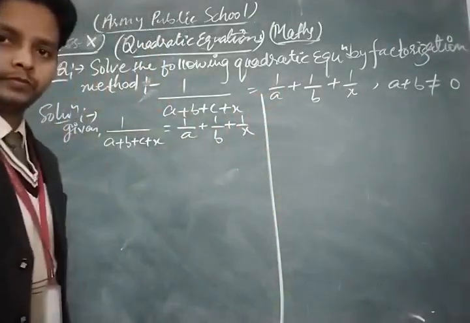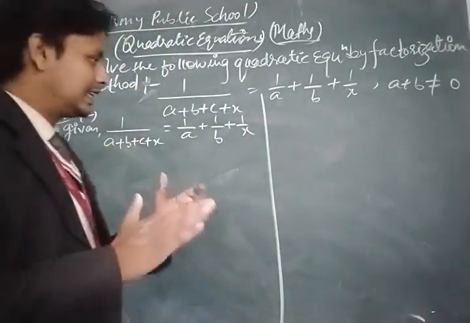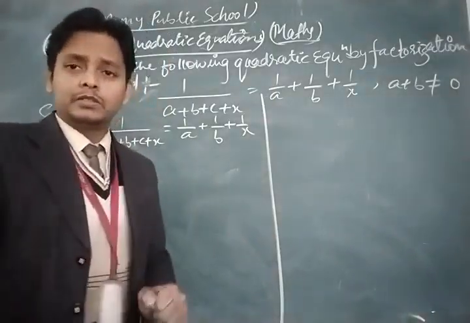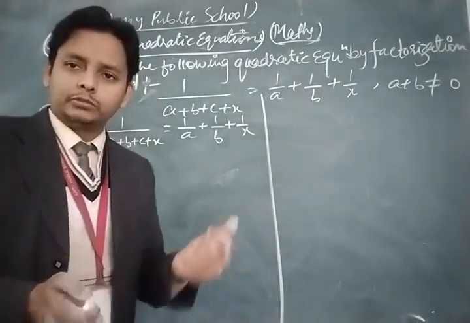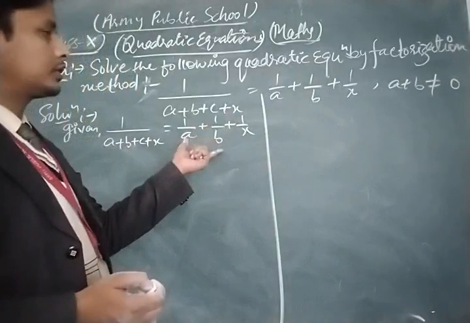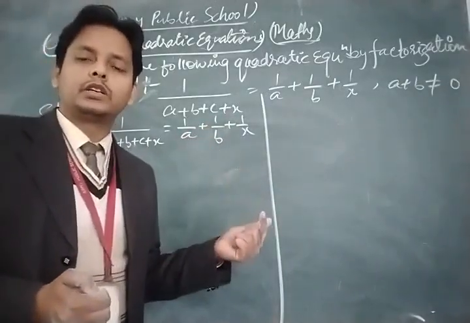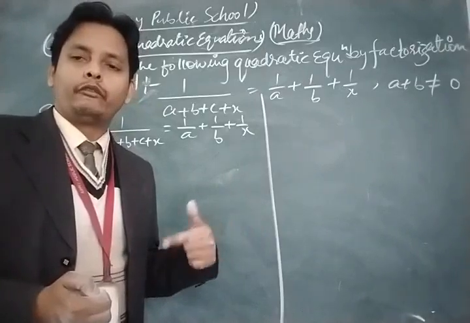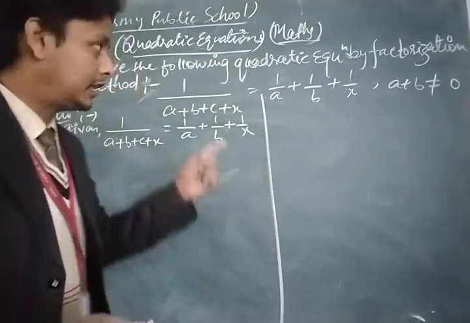Now look, first of all we collect the like terms, which means we separate the variables and take together the terms of x. Solving the quadratic equation means what? We find the variables involved in that question.